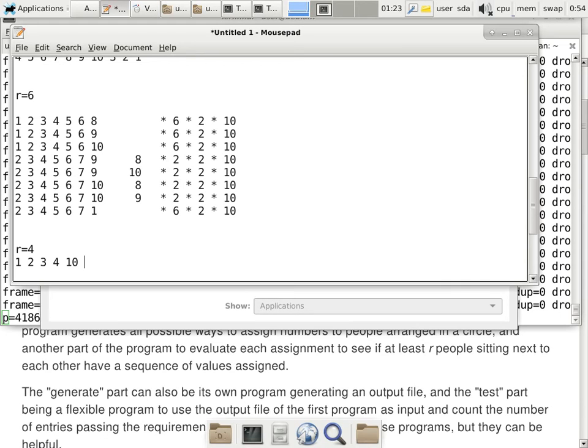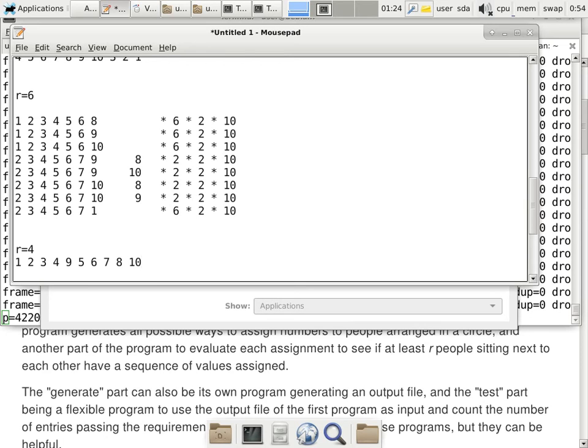And then we can have another sequence of 4 numbers, which is 5, 6, 7, 8. And then I cannot do that, can I? I can put a 9 here and a 10 over here. That'll work. Okay?